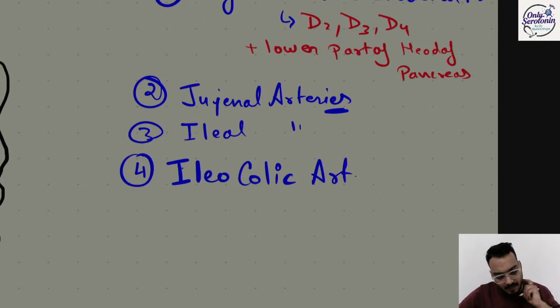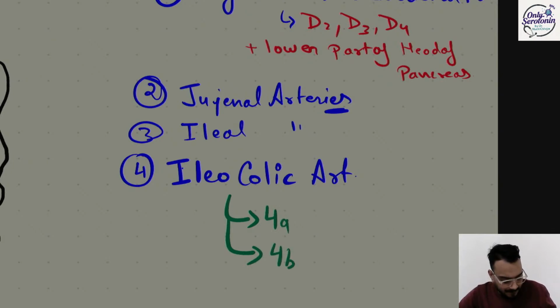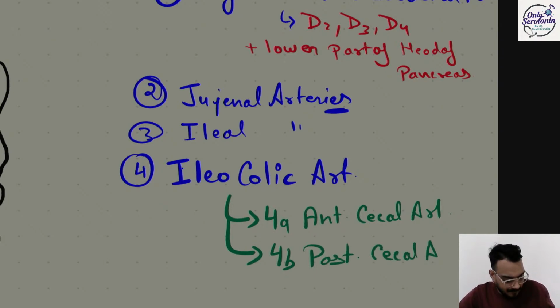Why is it important, guys? The ileocolic artery is important because it is going to give me two branches. What are these two branches, guys? 4A and 4B. One is your anterior cecal artery, another one is your posterior cecal artery.